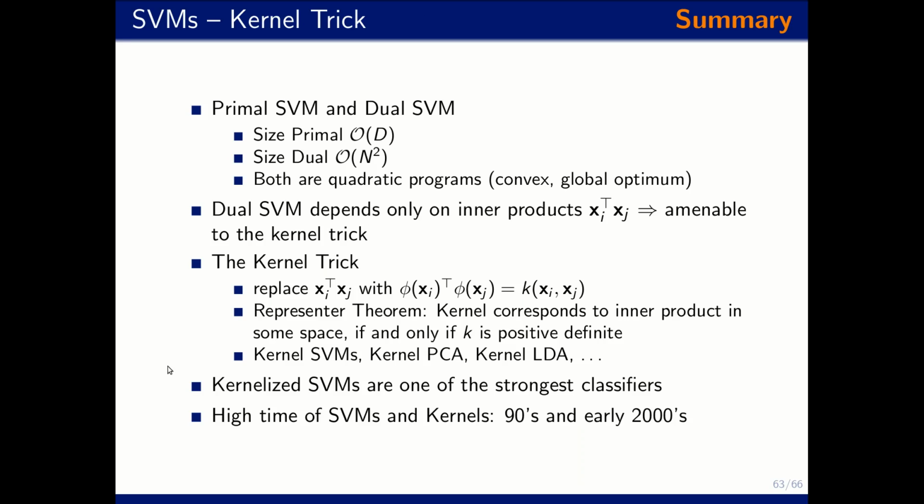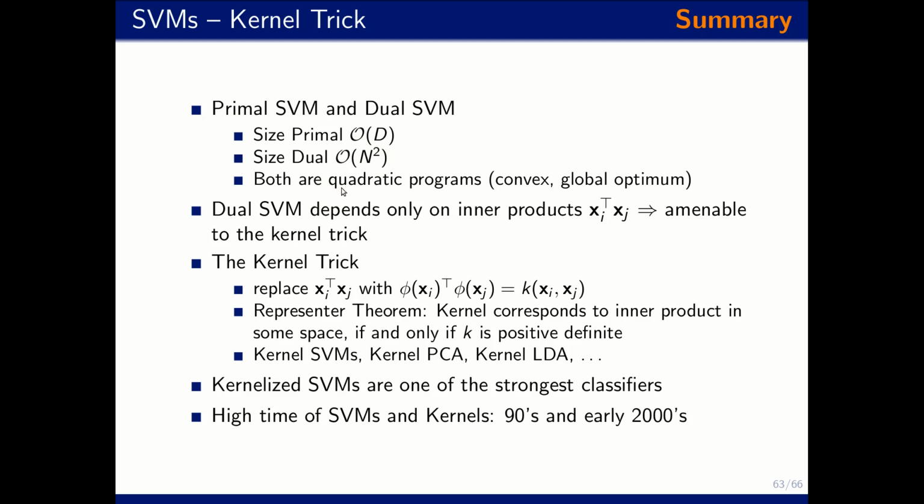So to summarize this pretty lengthy section, we discussed primal SVM and dual SVM, and we already said, well, the size of the primal is the number of features essentially, and the size of the dual is the number of samples squared. And there might already be, even without kernel, different advantages between these two formulations.